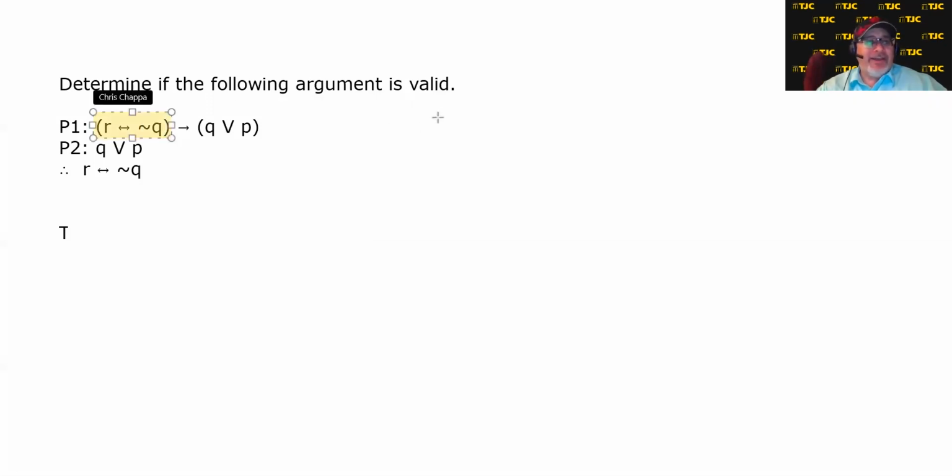The antecedent of the conditional in the first premise is R biconditional negation Q, which exactly matches the conclusion. The consequent of the conditional in the first premise is Q disjunction P, which is precisely the second premise.